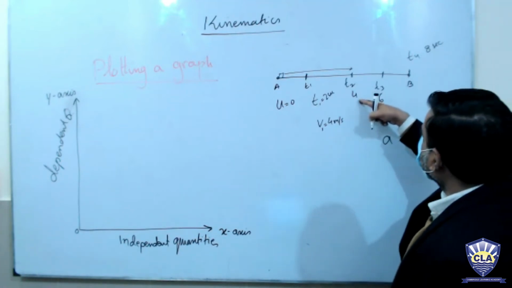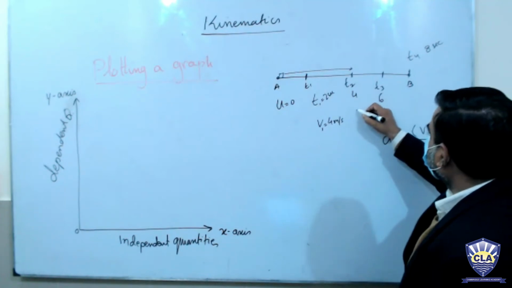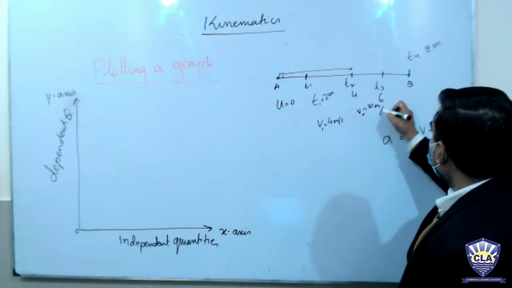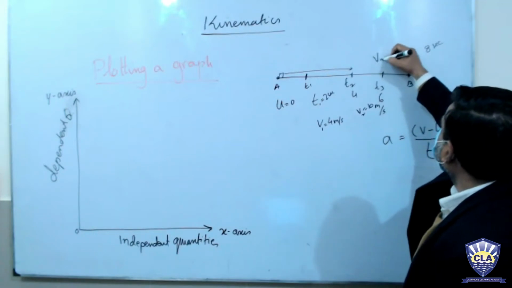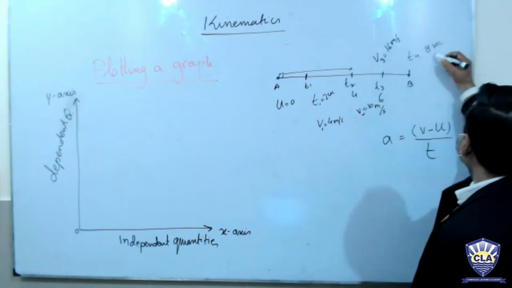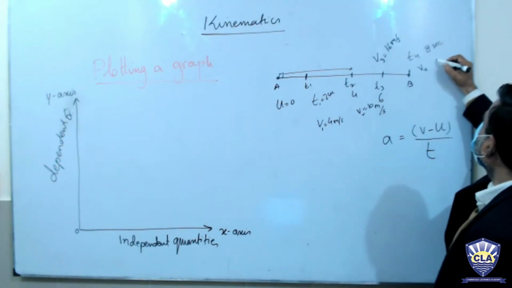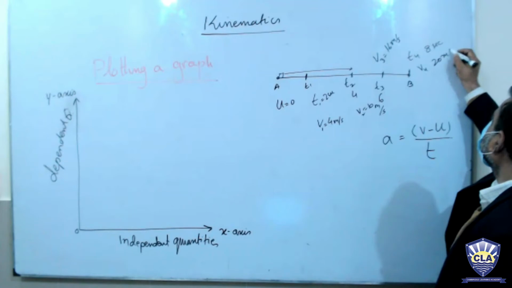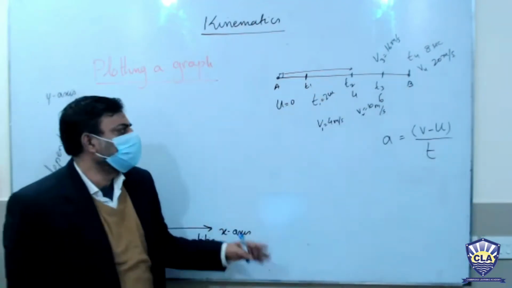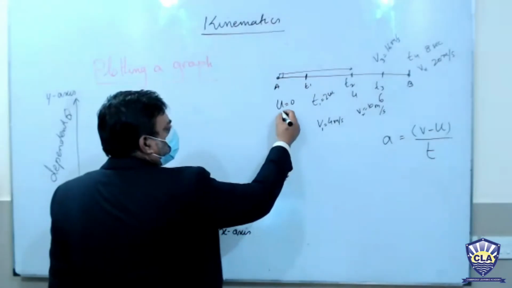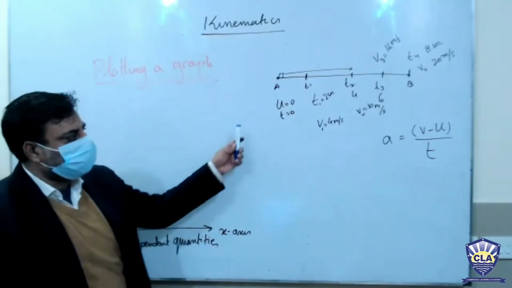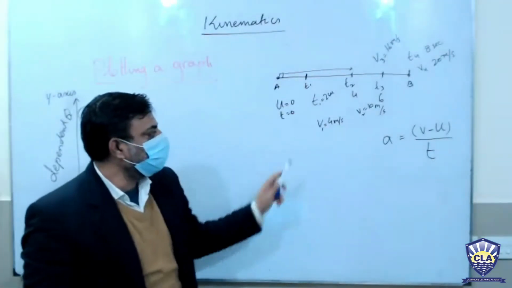And velocity v2 is 10 meters per second, v3 is 16 meters per second, and v4 is 20 meters per second. Now these are certain values, any values. So u was 0, so t was also 0 at this time. Now I have to plot a graph between time and velocity.